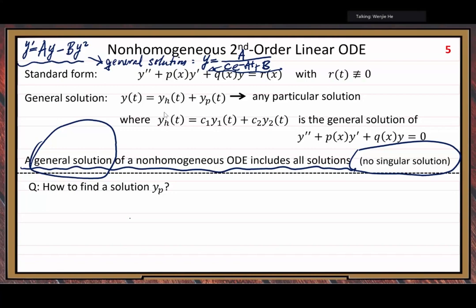But if you look at the original ODE, the logistic equation, you can see Y equals 0 is also a solution, right? Because Y prime on the left-hand side is 0, and on the right-hand side, A times 0, minus B times 0 squared, is also 0.